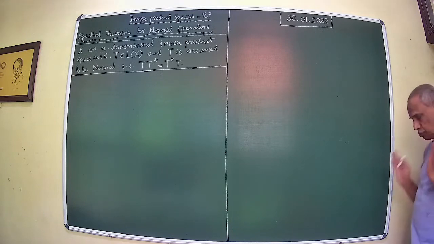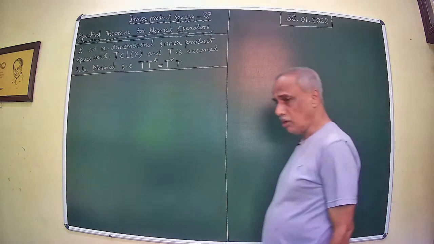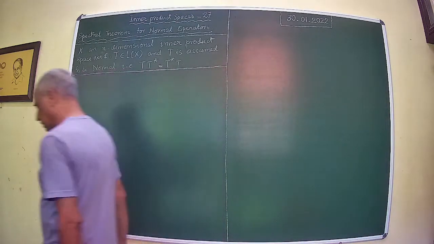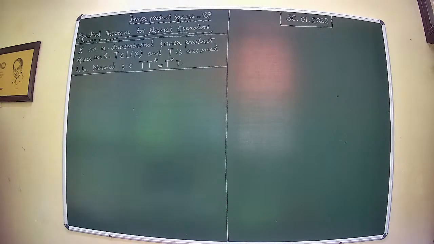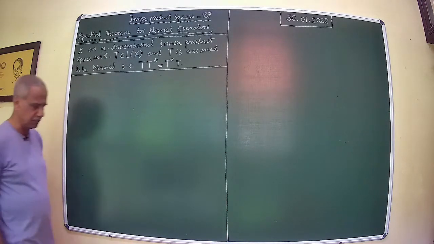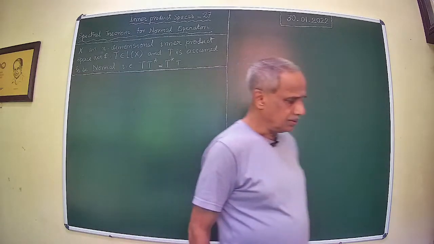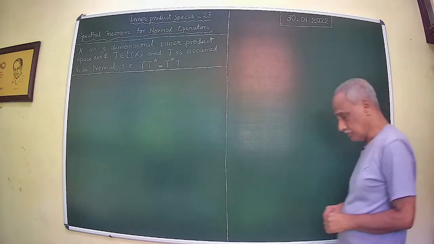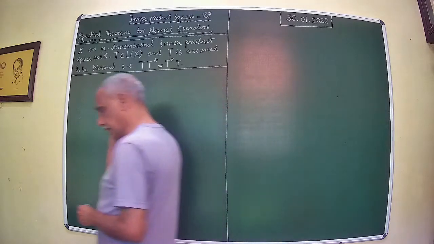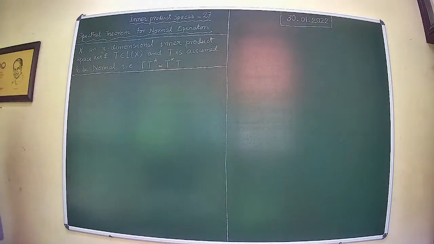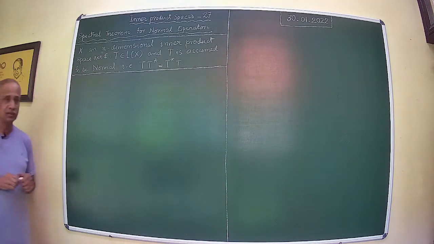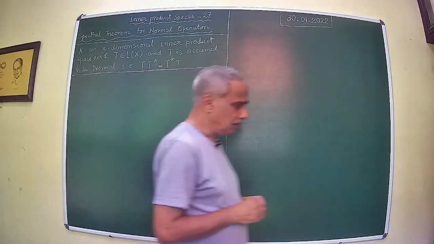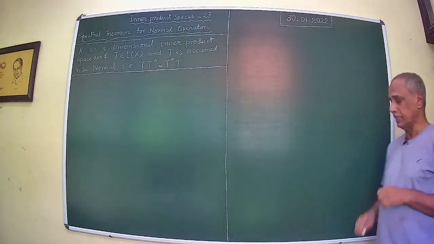In fact, we show that for all normal operators in an inner product space, we are working on finite dimensional inner product spaces over C, the diagonalization is possible. That means the spectral theorem is valid. We shall explore this in detail.